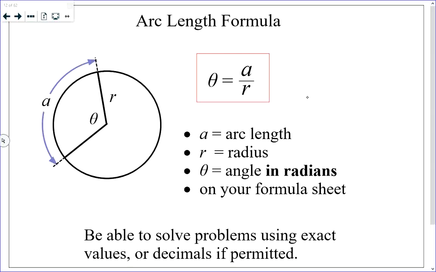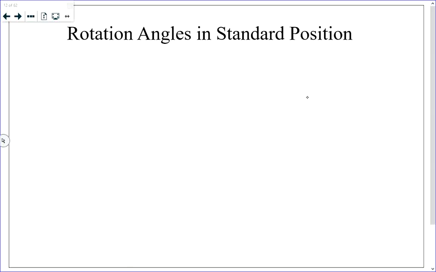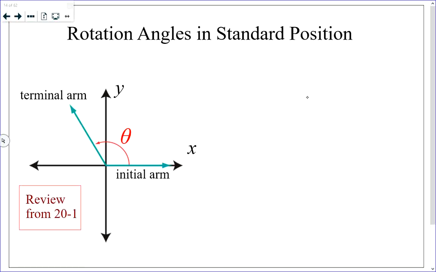Similarly, maybe on an exam, you're going to have to use that formula to calculate an arc length, and you're given the angle in degrees. Well, you're going to have to convert that angle in degrees to radians first before you feed it into that formula for theta. Bit of review from Math 20-1, but it's absolutely crucial in your success in 30-1.